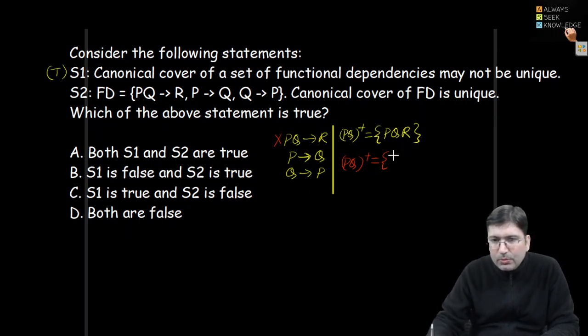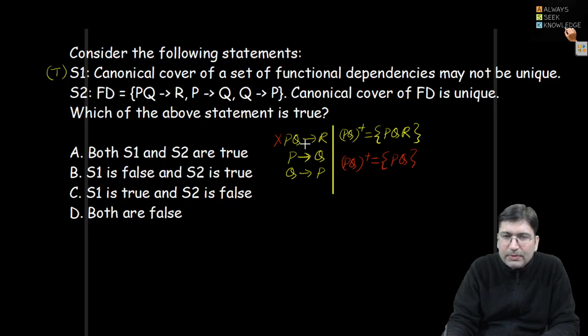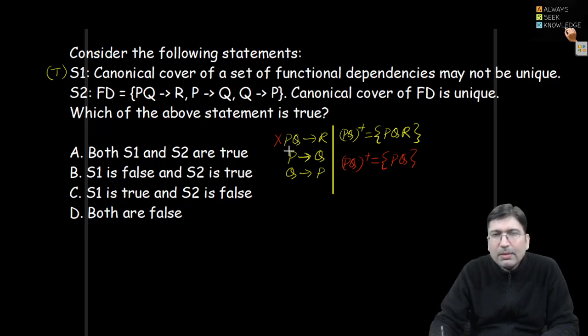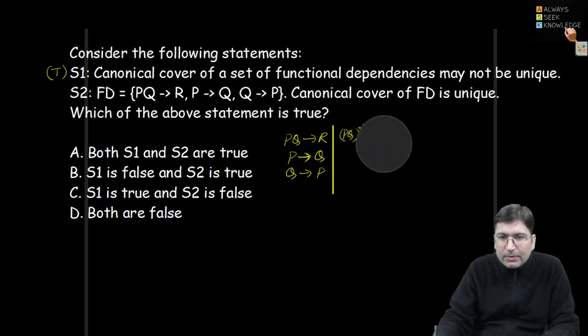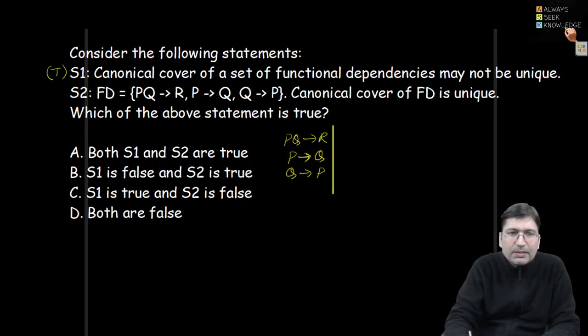P can give you Q, so PQ, you are already aware of, and Q can give P. That means we will not be able to find R. The meaning is, once you do not consider this rule, you will not be able to find some attribute like R. That means this is one of the essential functional dependencies, so it cannot be removed. But we can check whether some portion of this functional dependency is redundant or not.